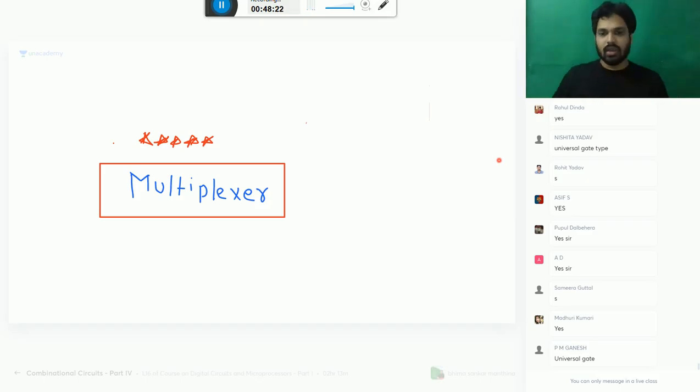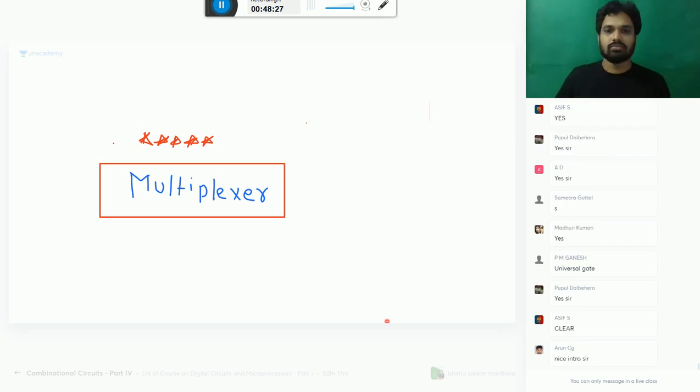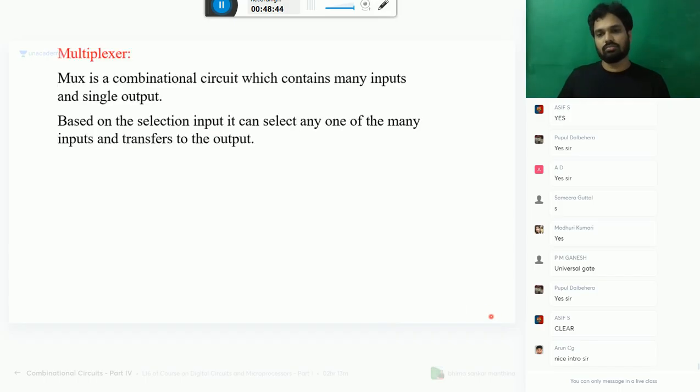So let's see the basic definition of the MUX. Just see here.